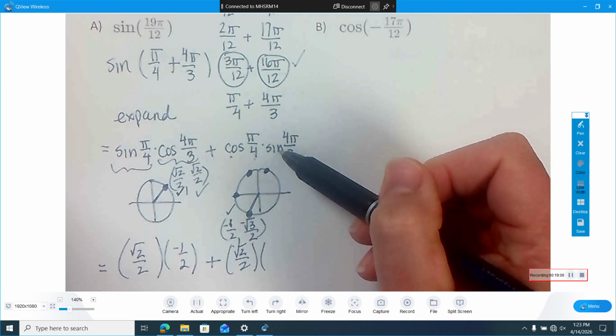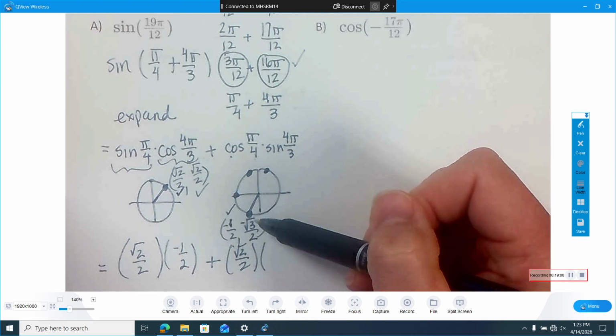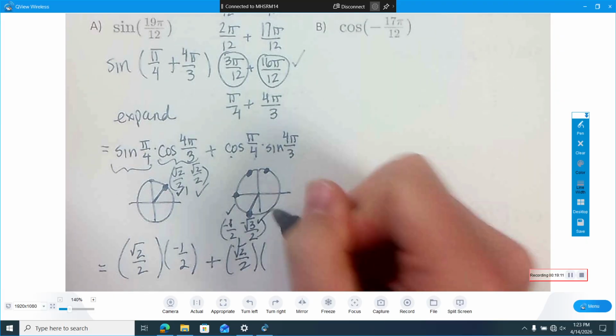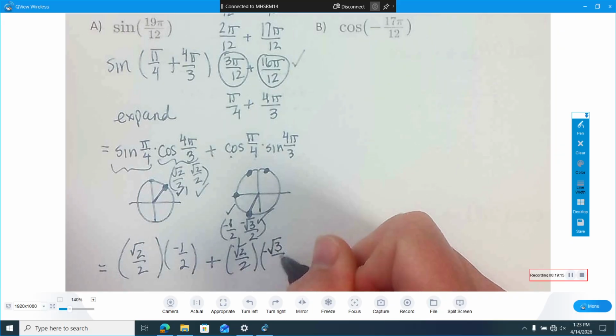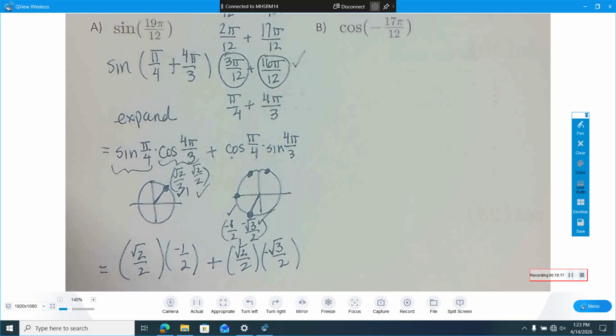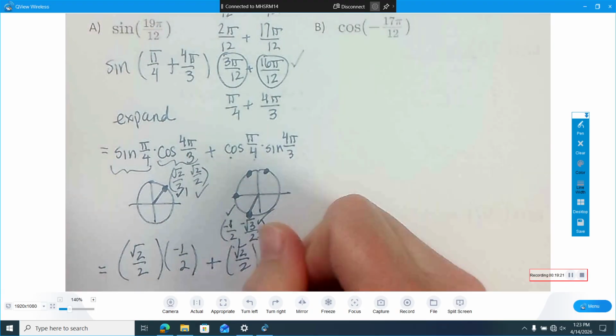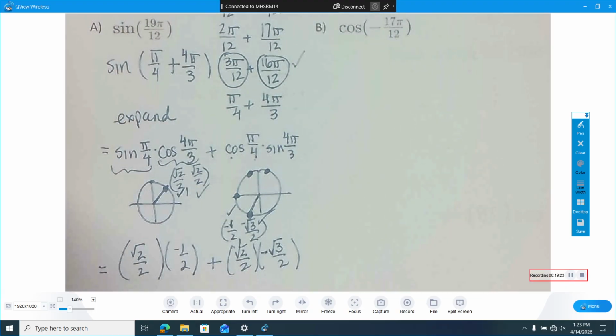And then the sine value at 4 pi over 3 is negative radical 3 over 2. There is a negative in there that maybe you can't see too well. Negative root 3 over 2.